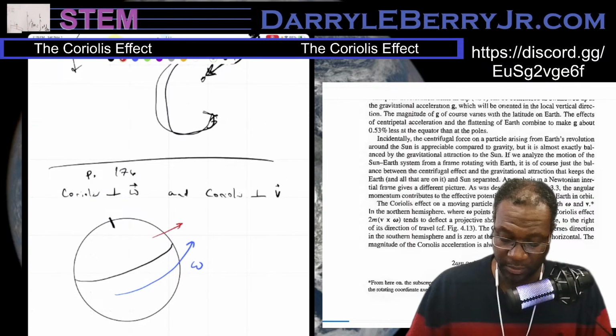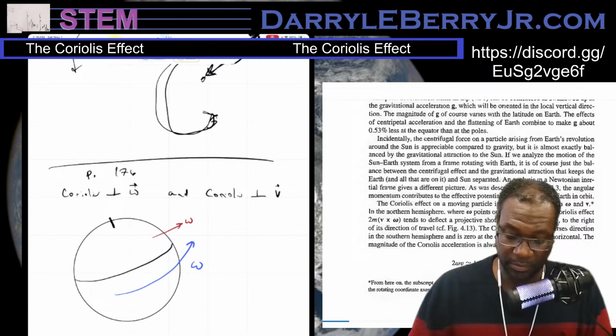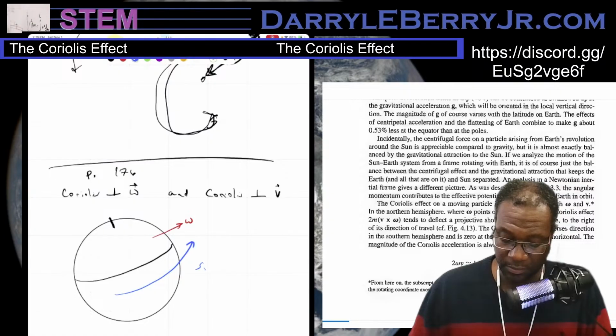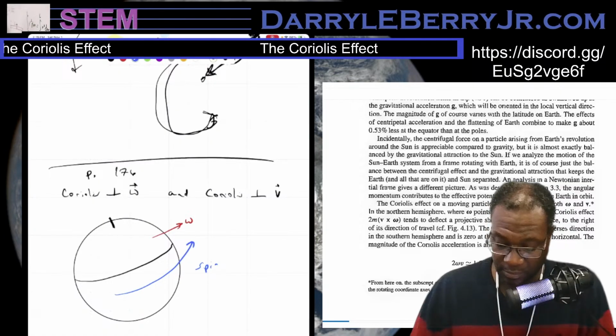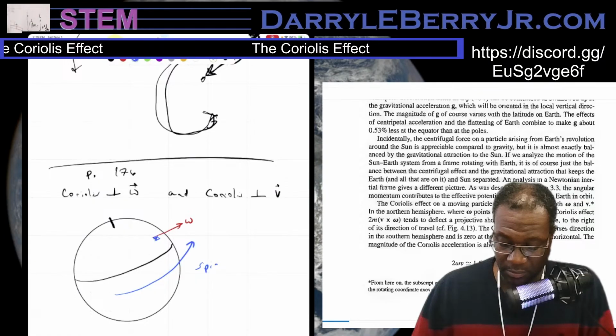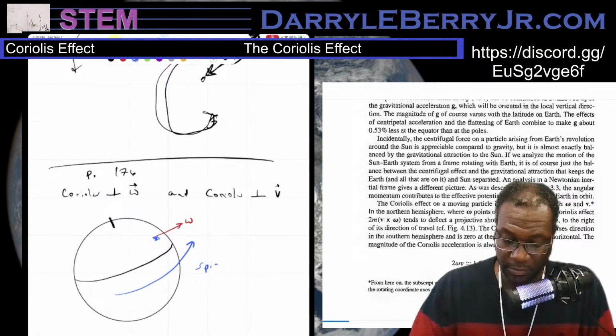That's a spin. This is omega. This is at a right angle to the surface of the Earth.